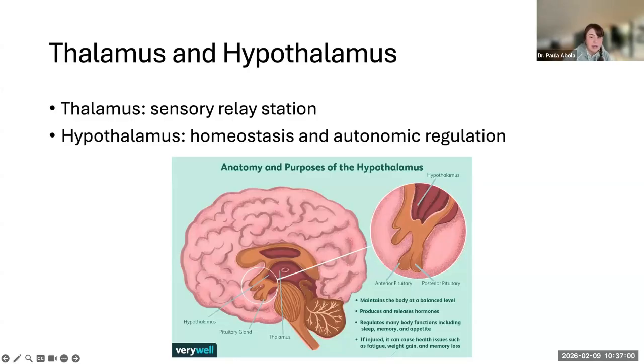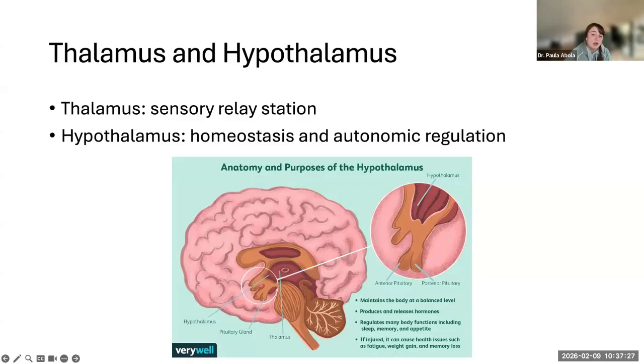In contrast, the hypothalamus is primarily concerned with regulating basic survival functions and maintaining internal balance, known as homeostasis. It controls processes such as hunger, thirst, body temperature, sexual behavior, and hormonal regulation through its close interaction with the endocrine system.